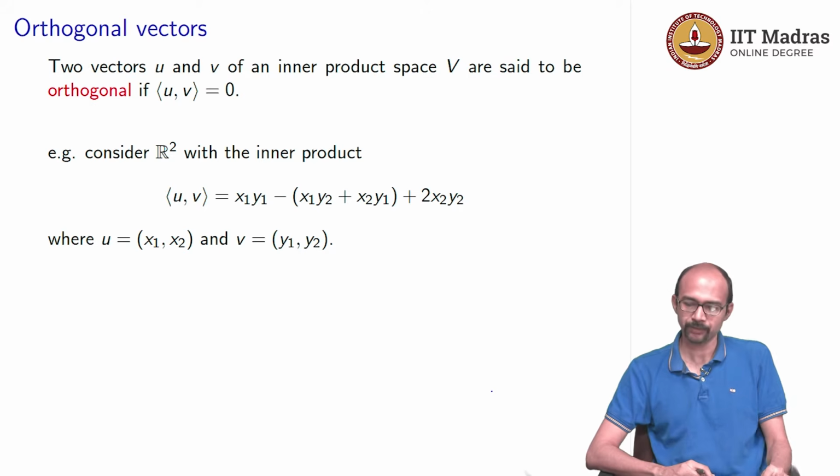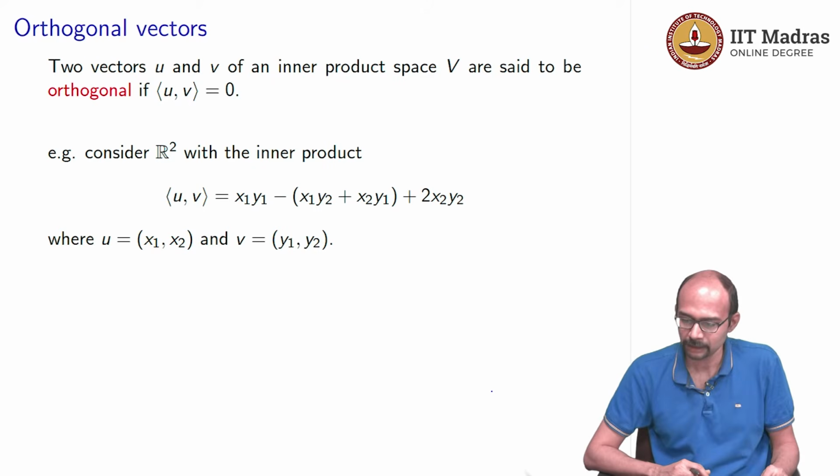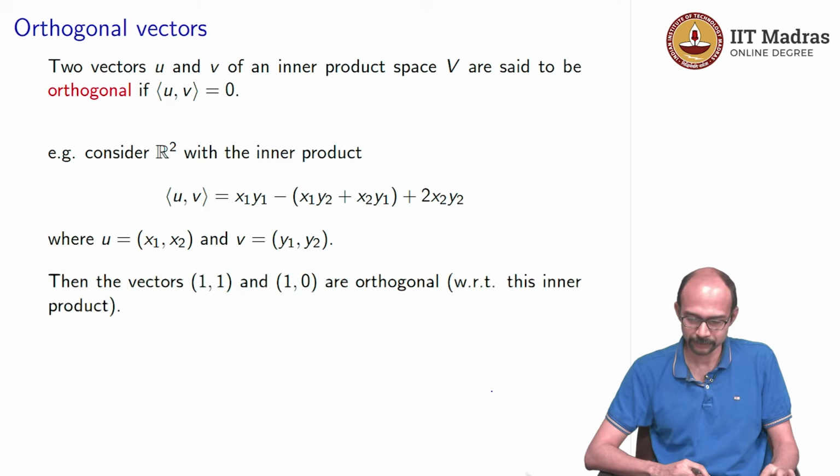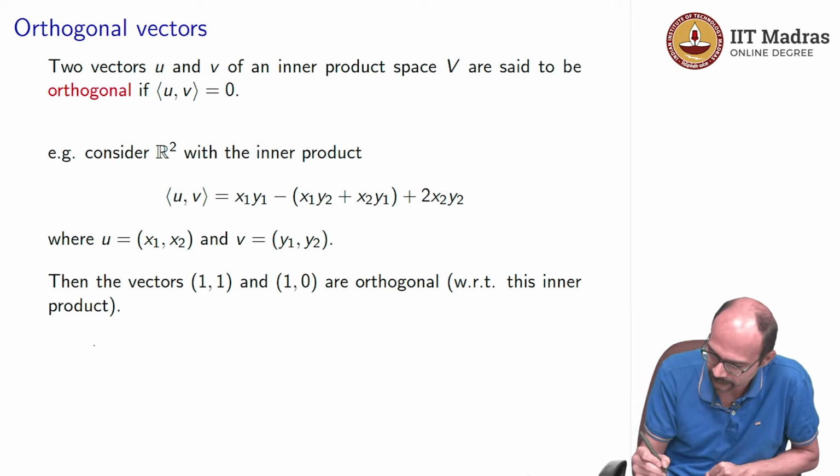Let us do an example. Suppose you take R2 with the inner product given by this complicated looking function, which we have seen in the previous video. The inner product of u and v is x1 y1 minus x1 y2 minus x2 y1 plus 2 times x2 y2, where u is (x1, x2) and v is (y1, y2). Then the vectors (1, 1) and (1, 0) are orthogonal in this inner product. Let us compute why that is the case.